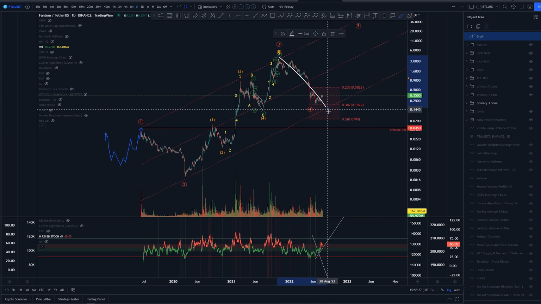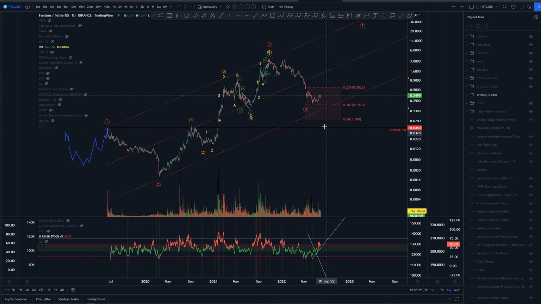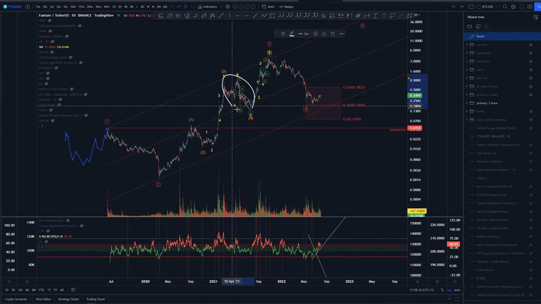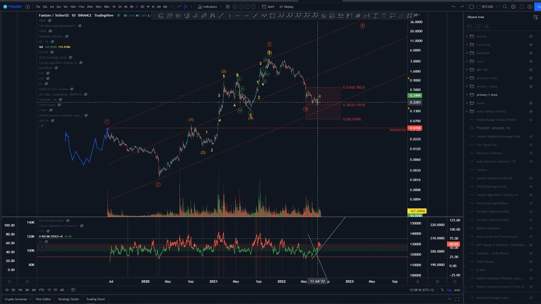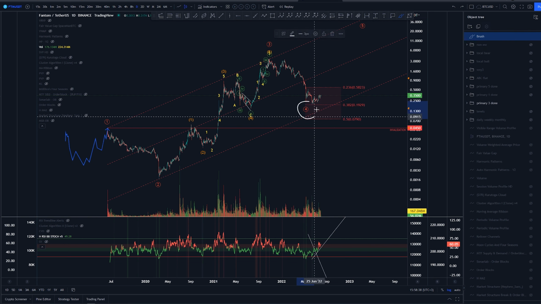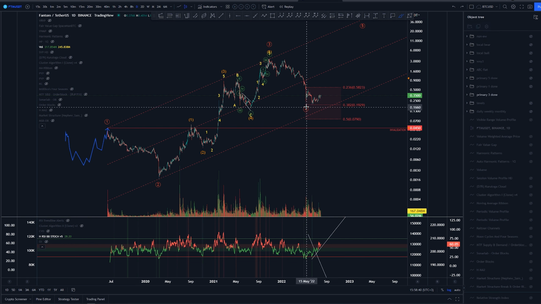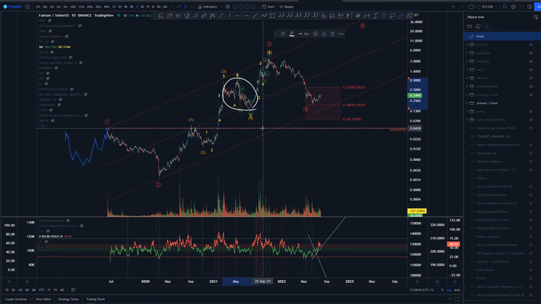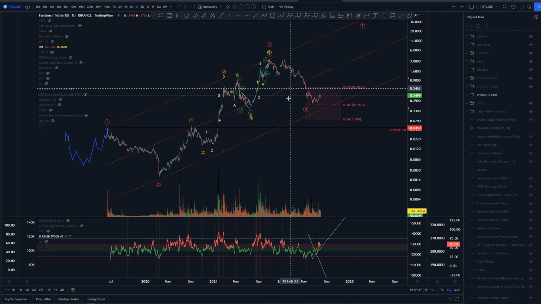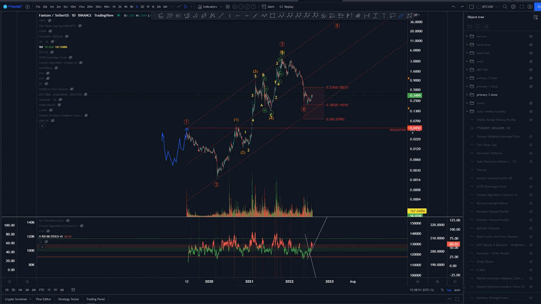At that point again, wave 4 would become something like this, and at the moment that is still possible. The previous wave 4 I've labeled here, so generally the higher time frame, so in this case a primary wave 4, is generally coming back to the previous wave 4 area, which it has done at the moment. So it is the right area to pivot.